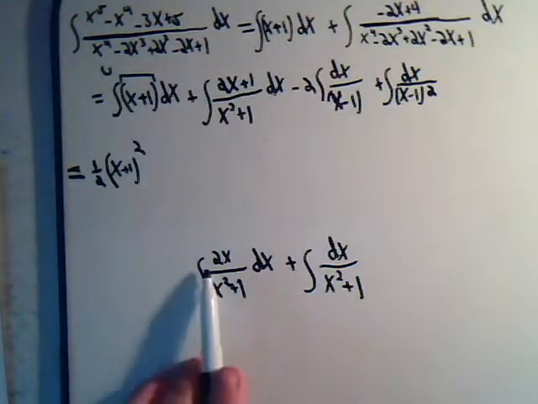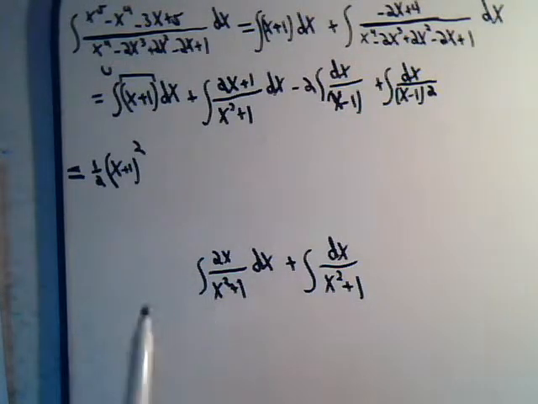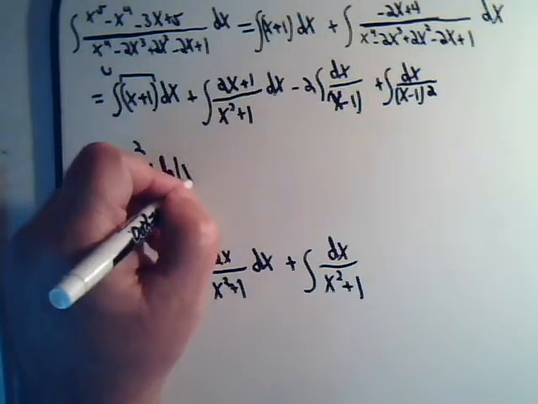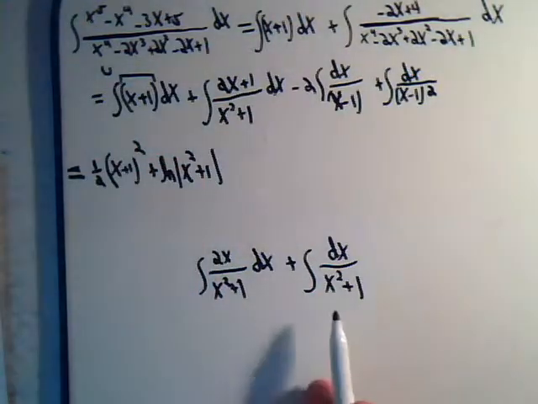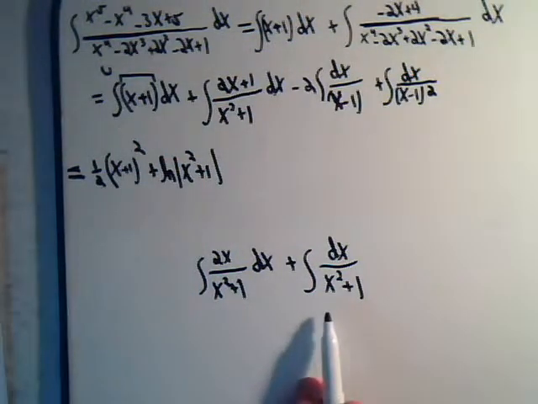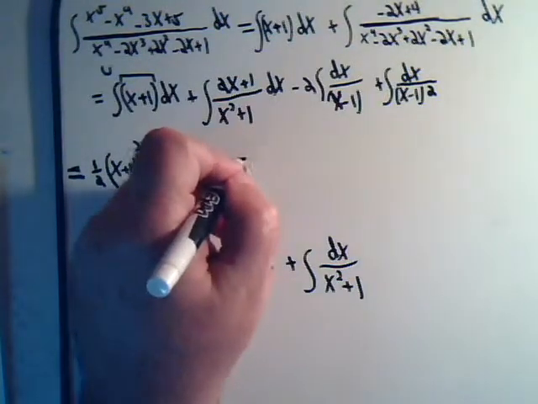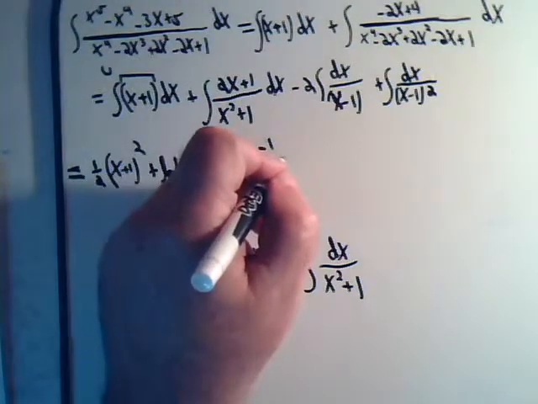Alright, 2x over x squared plus 1. Call that u. du is going to be 2x dx. So this is going to be plus the natural log of x squared plus 1. And hopefully you recognize this. That's the inverse tangent of x. We have plus the inverse tangent of x.